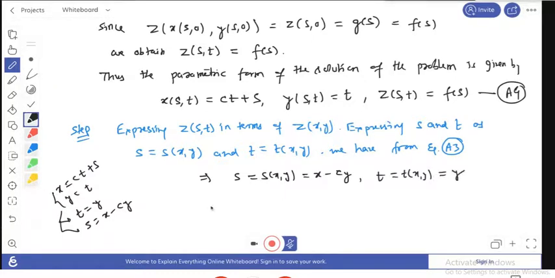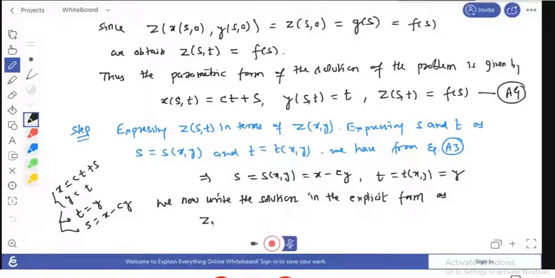Okay, so now we write the solution in the explicit form as z of xy, this equals z of a function of s and t, where s is in terms of x and y, and t is also a function of x and y. So this equals z, and here the function is x minus cy, and y.